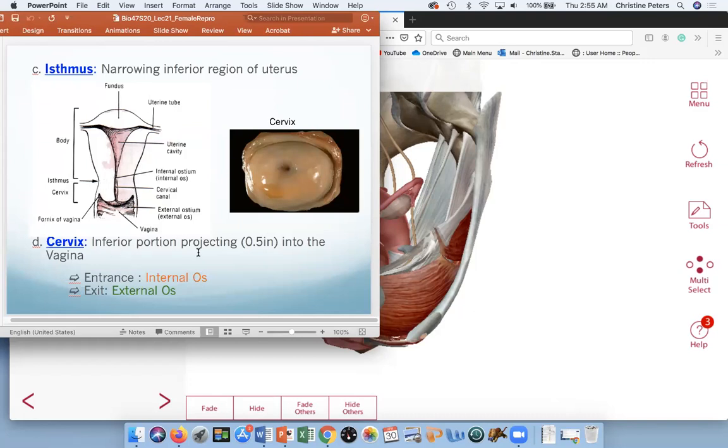So it's just this inferior portion projecting about half an inch down into the vagina. If we're looking from the baby's perspective as we're going out of the body, they refer to this inside ring of the cervix as the internal os, and this outside ring here as the external os. So os being this opening through the cervix.